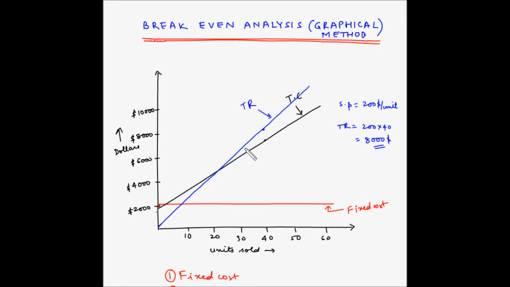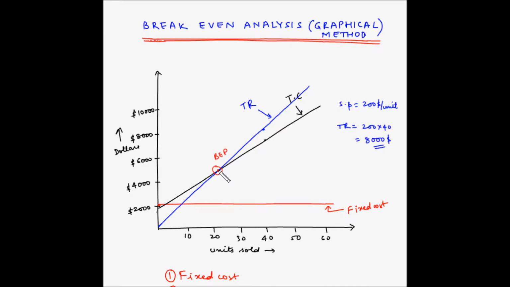So on this graph, the point at which the total revenue is equal to the total cost is this point here, where both of them are intersecting each other, and this point is known as the break-even point. So this is the break-even point.